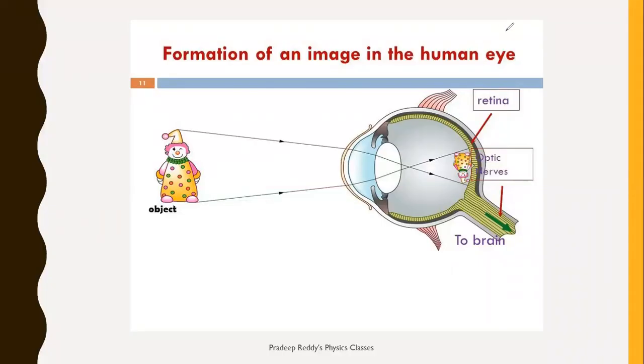Students, in the last slide, we have learned four important parts of our eye: the eye lens, the retina, the ciliary muscles, and the optic nerve. These four parts are very important because we will be using these terms in the next coming topics.